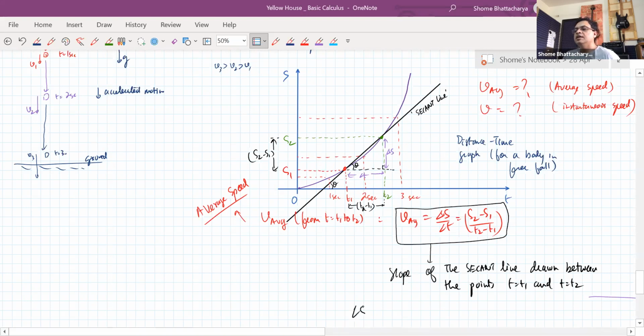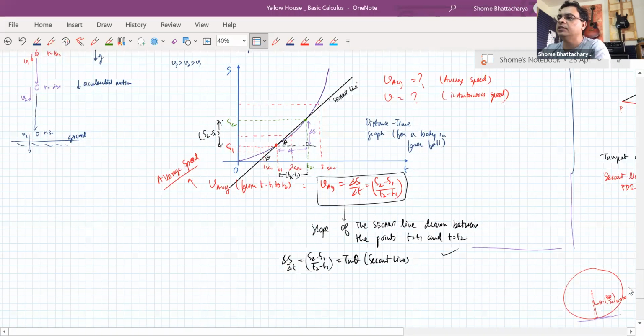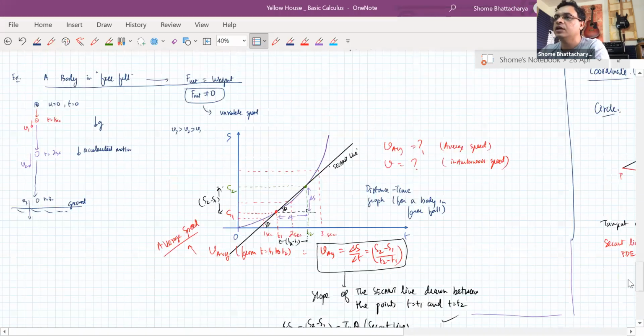So delta S by delta T is equal to tan theta for the secant line. Tan theta is the slope. So this becomes the geometrical meaning, or the graphical representation, of average speed in the case of this type of graph.